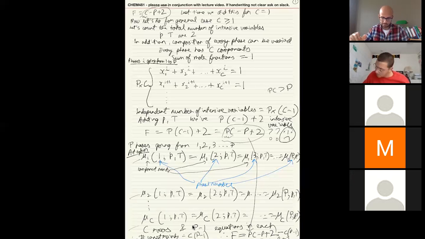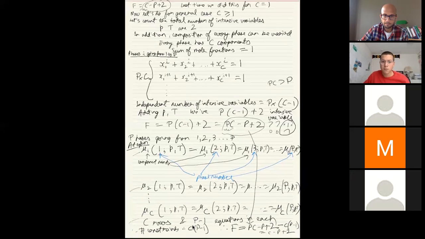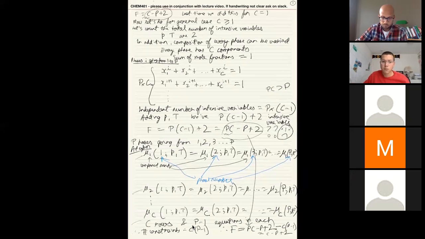Let's go over it again. This is a slightly convoluted argument. Let's go through it carefully. From the very beginning, we are trying to show that the number of degrees of freedom, F, is equal to C minus P plus 2, where C is the number of components, P is the number of phases.